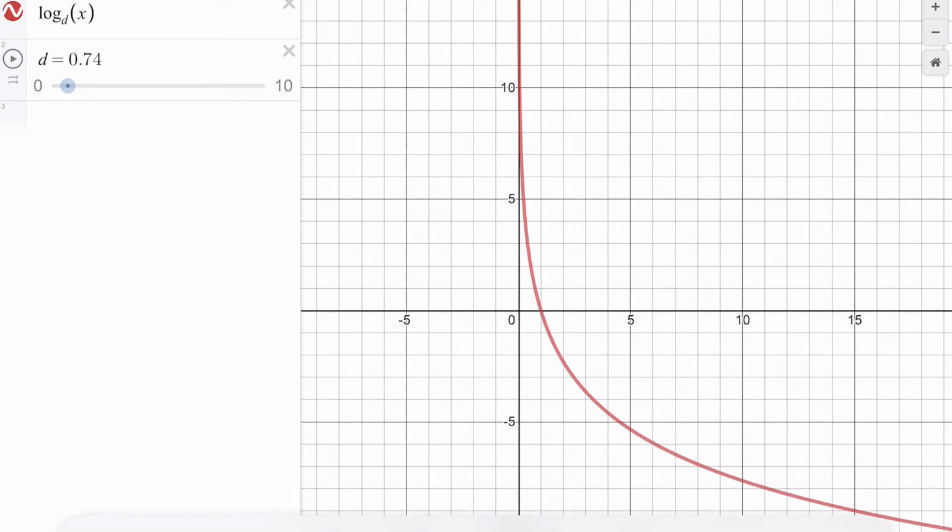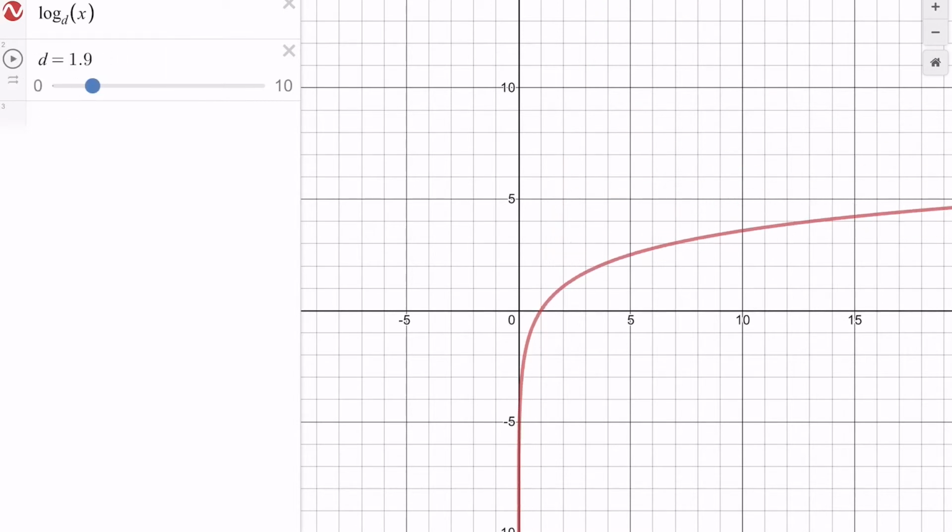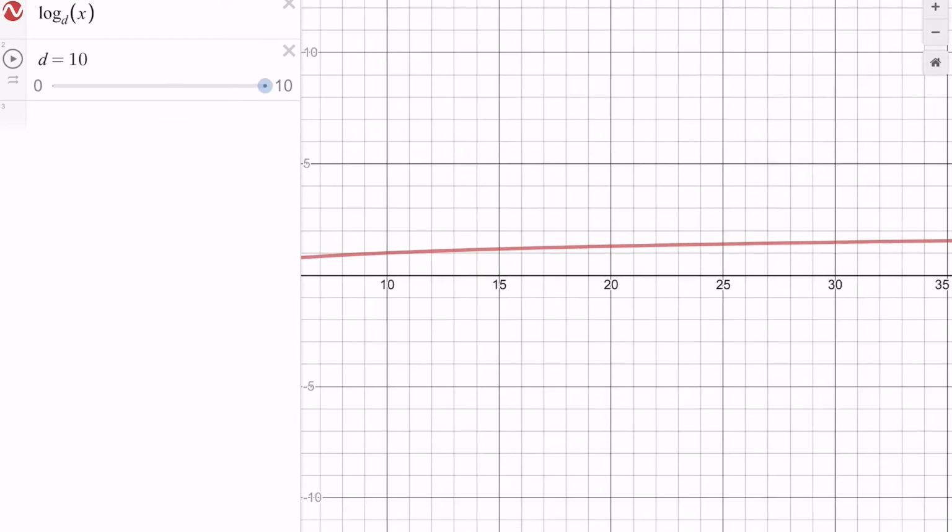Think about d to what power would be x, and if d is a number lesser than 1, then it's going to be moving downward. Let's start at 1. So you see here that the greater number I'm given for d, the lesser of a power I'm going to need to get that same value, which is why that's getting closer to being horizontal.